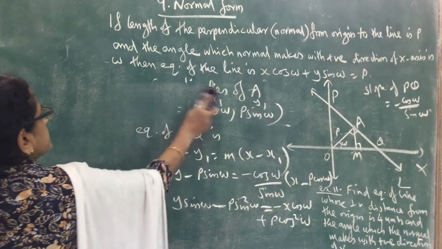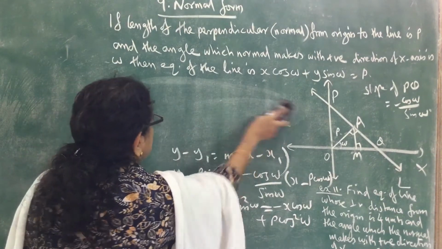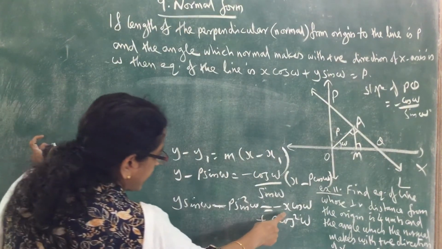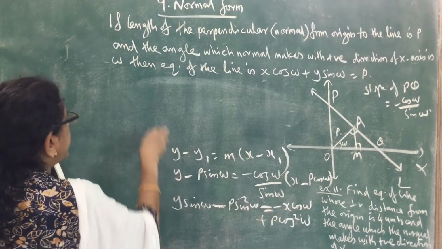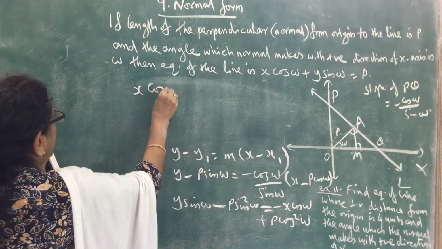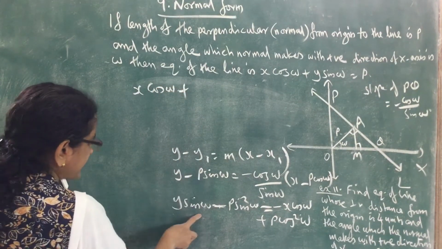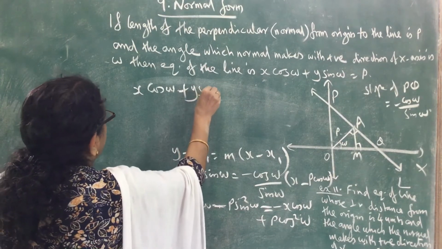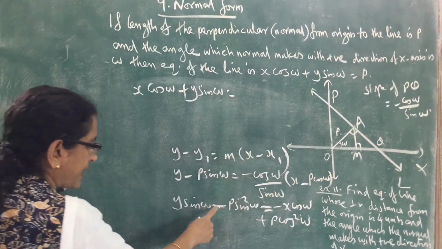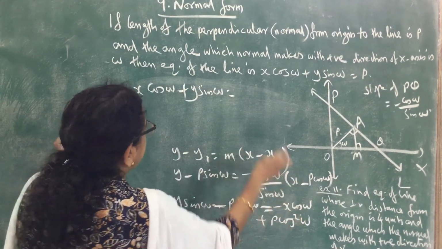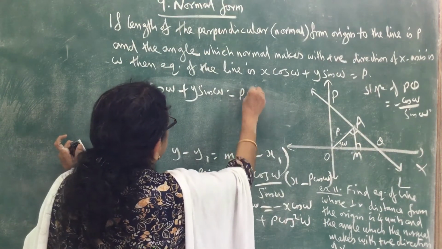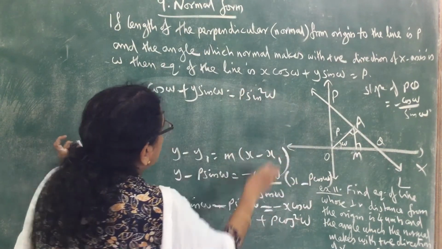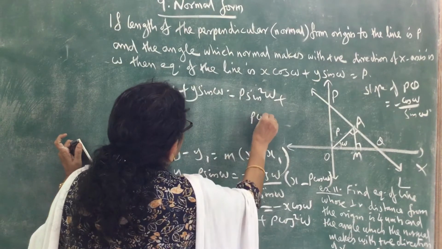So what we get? Take minus x cos omega left side, so it becomes x cos omega, plus y sin omega, equal to, take minus P sin square omega right side, so plus P sin square omega plus P cos square omega.